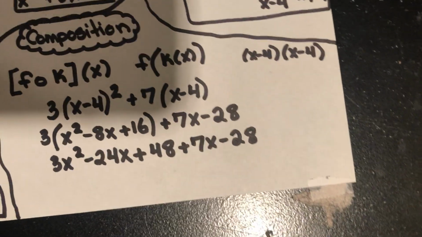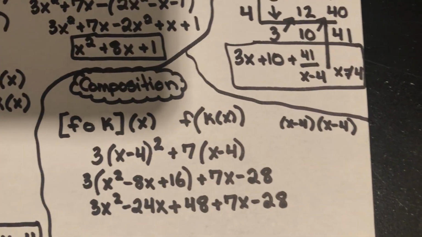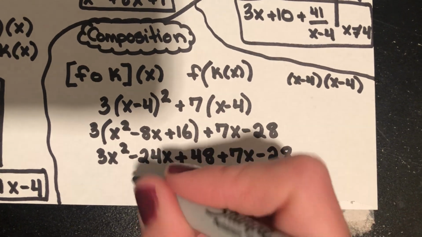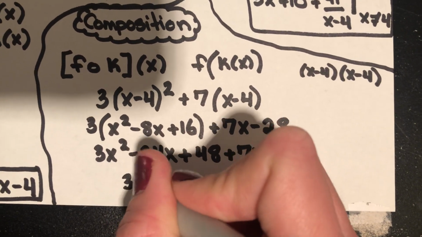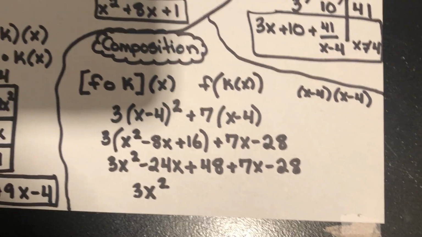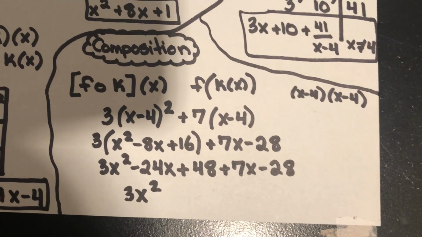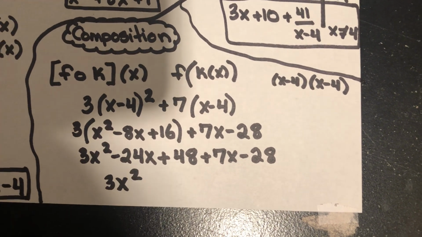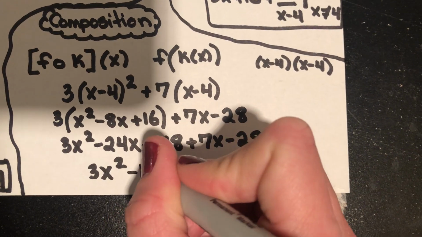All right. So, looking here, we have to find our commonalities, or our like terms. 3x squared is going to stay. It's the only x squared term. All right, our x terms. We have negative 24 and 7, and that is a negative 17x.